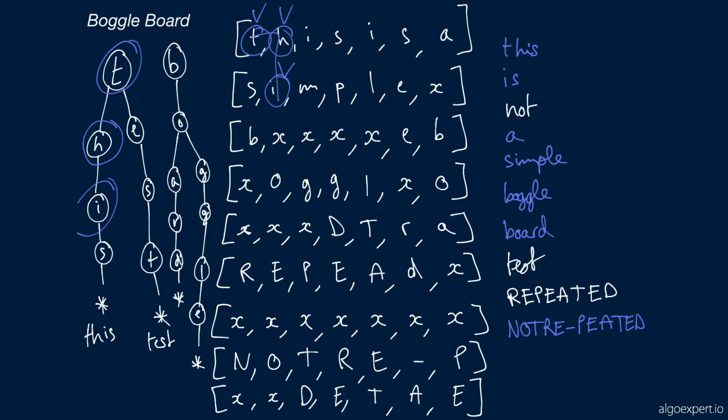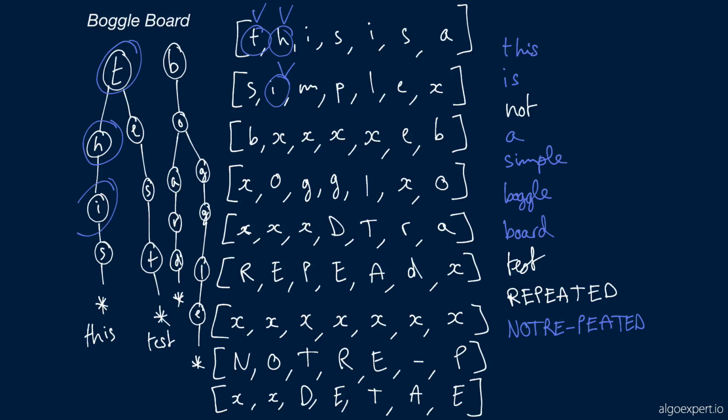Now we have to grab all of the neighbors of this I and explore them. So we're going to have 1, 2, 3, 4, 5, 6, 7, 8. We're going to have 8 neighbors. Let's start with the top left one, or top right one. There is no I here, so we skip it. Do we mark it as visited? No, we don't have to, because we just skip it.